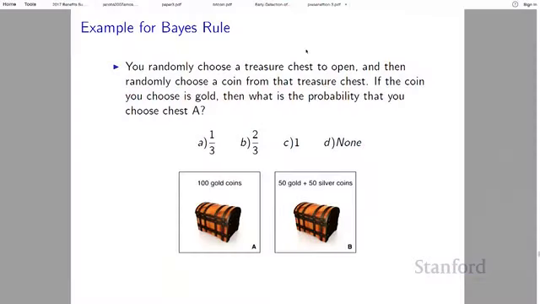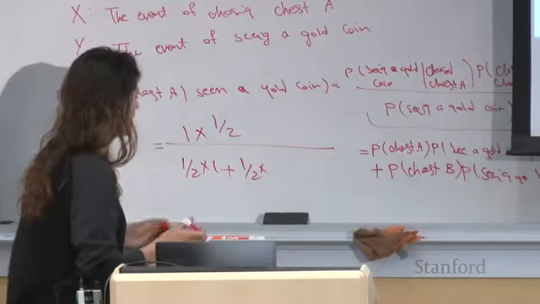The probability of choosing chest B is half, and the probability of a gold coin given chest B is half, because half is silver, half is gold.